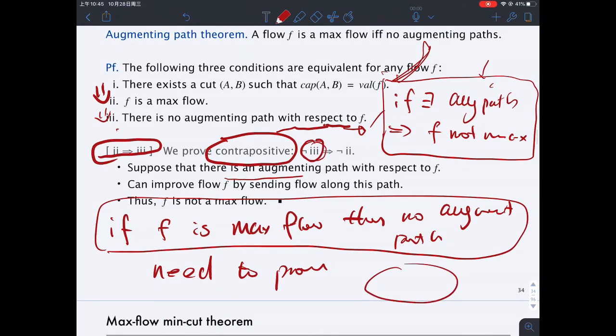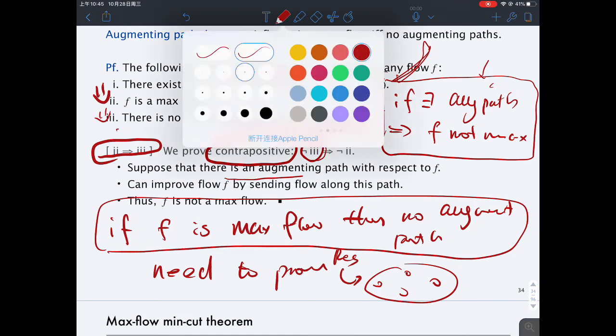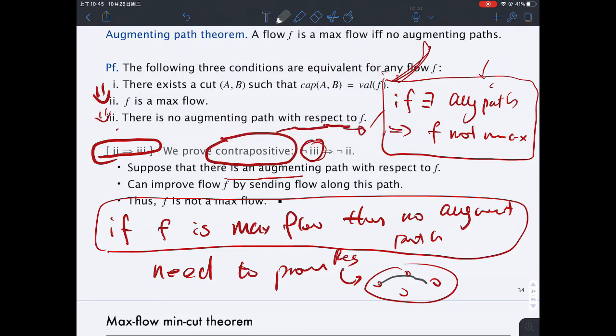Look at the residual graph: if I'm able to find a path connecting S to T such that there is some capacity along every single edge, and none of the edges is 0, then I'm able to add an additional flow on top of the existing one, which also means that F is not optimal. F is not maximal.